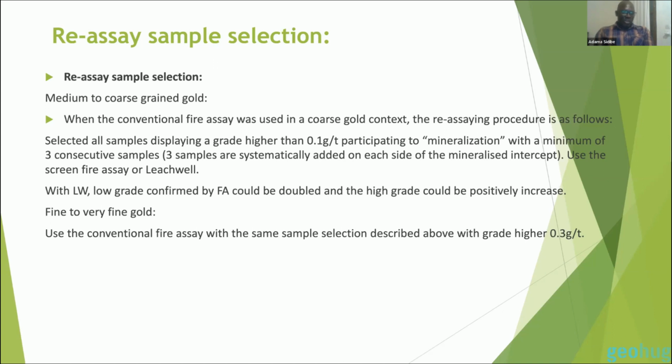When the gold particles are fine to very fine, we have just to review the splitting method, from multi-stage splitter to 50-50 splitter, and still use the conventional fire assay because the gold particles are fine to very fine, and select the samples with a grade higher than 0.3 gram per ton.